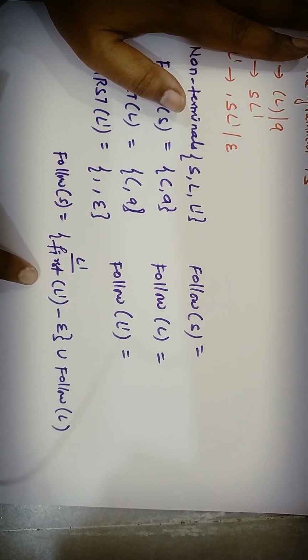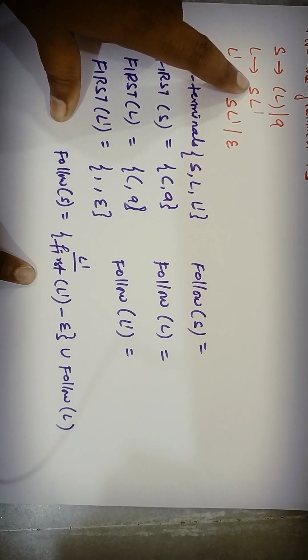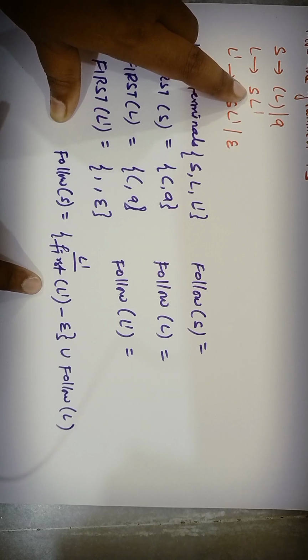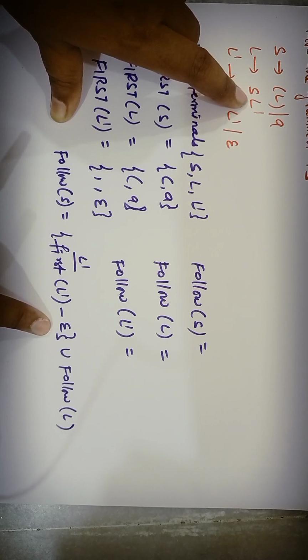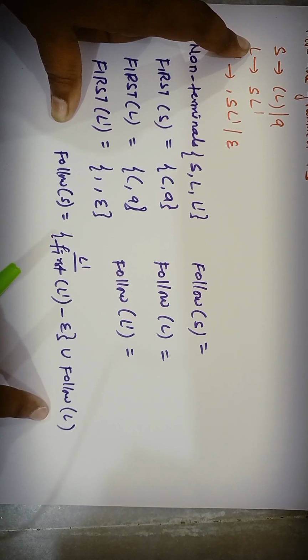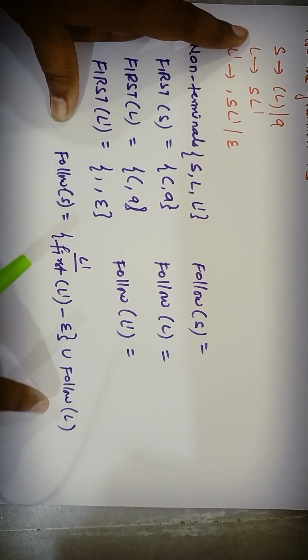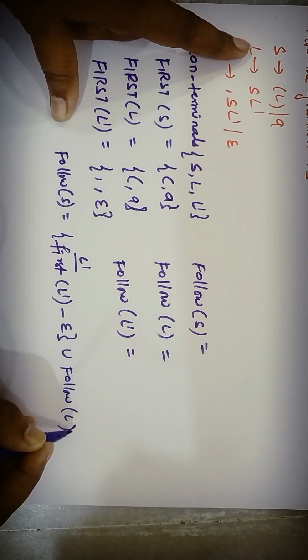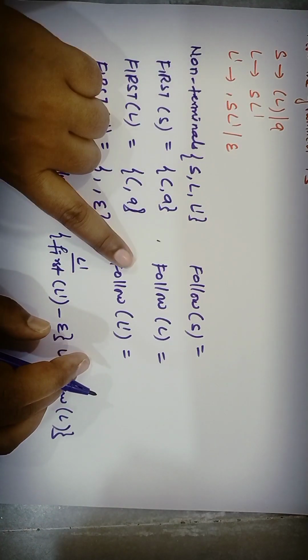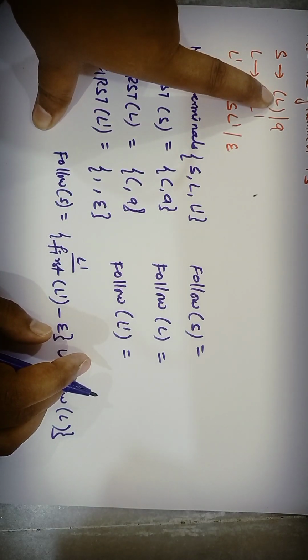Follow of S equals first of L dash minus epsilon union follow of the first symbol. What is the first symbol here? Follow of L. So this depends on L dash and L, and that's the reason we first calculate the follow of L. Follow of L means, after the L, what are the symbols we have?